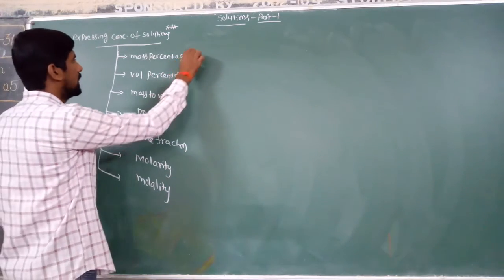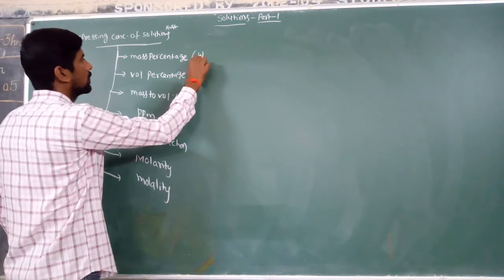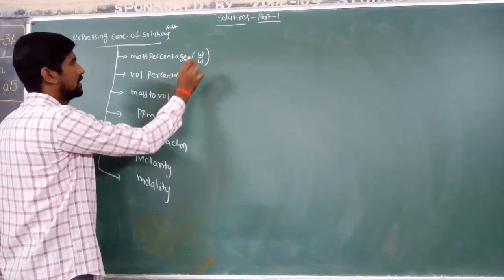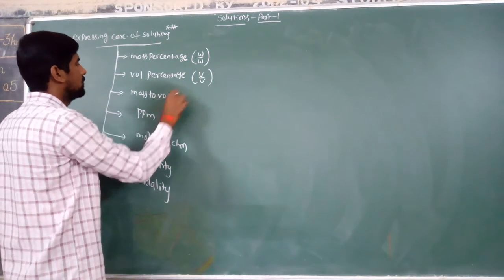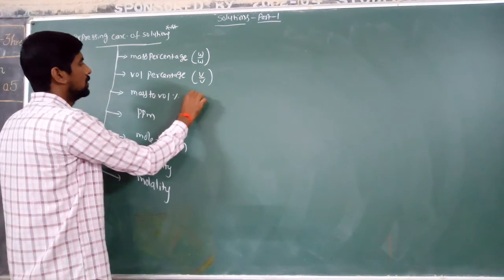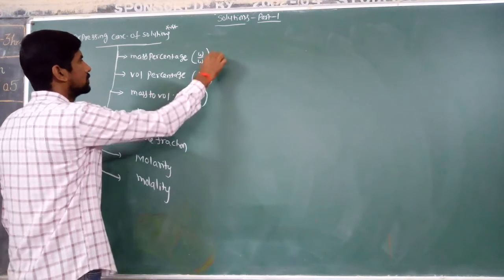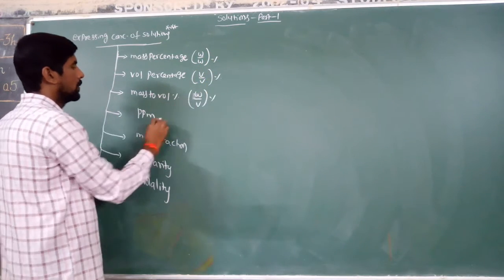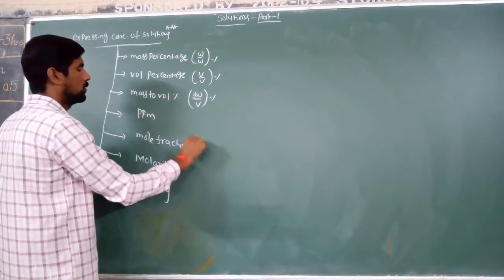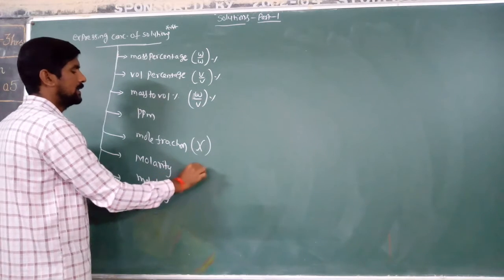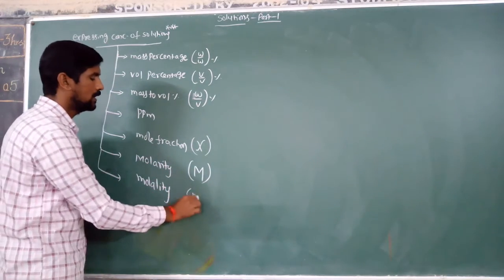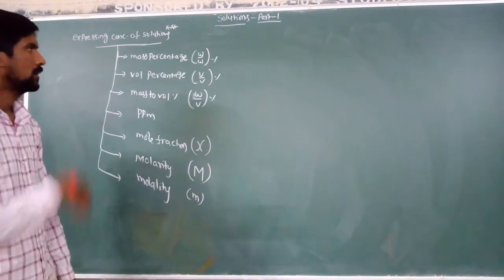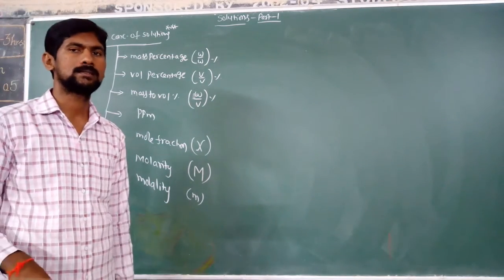They are denoted as mass percentage W by W, volume percentage V by V, mass to volume W by V, ppm, mole fraction denoted by symbol X, molarity capital M, molality small m. So these are the important designations.